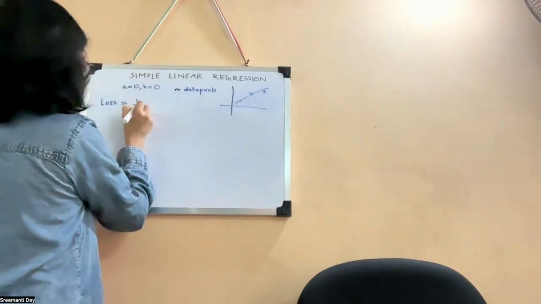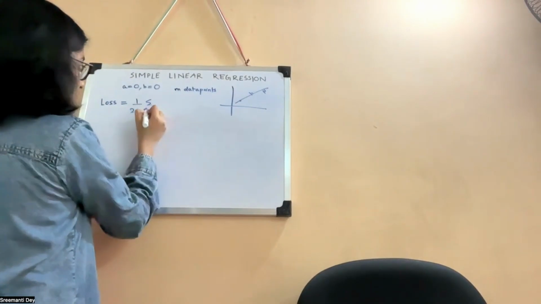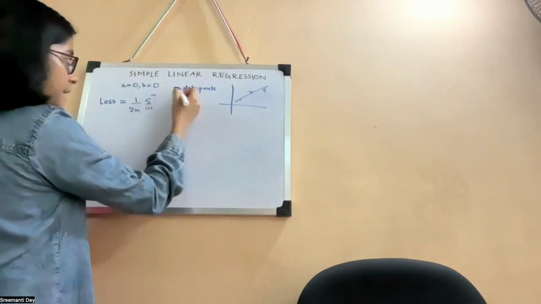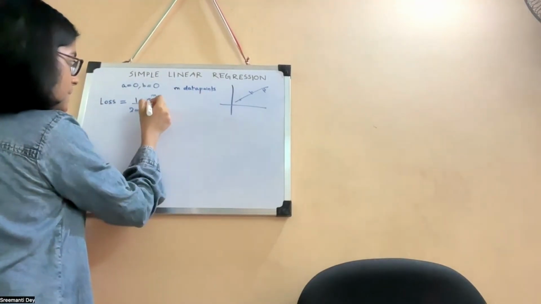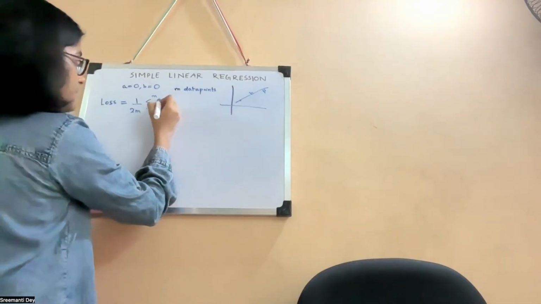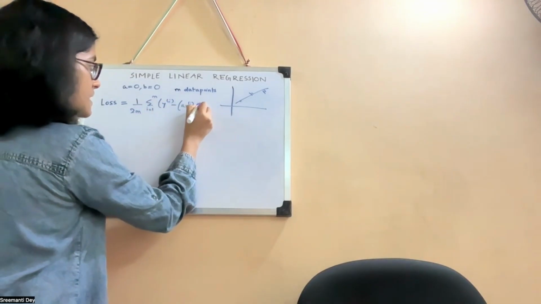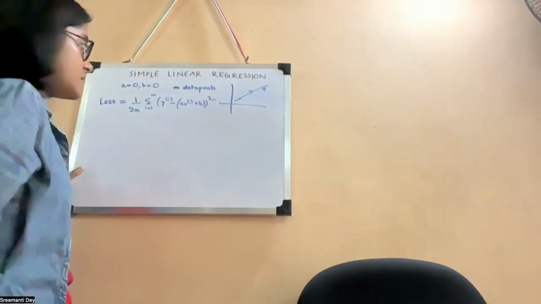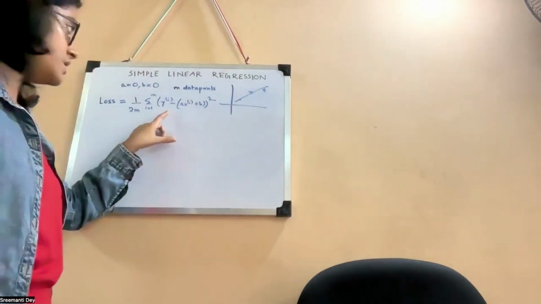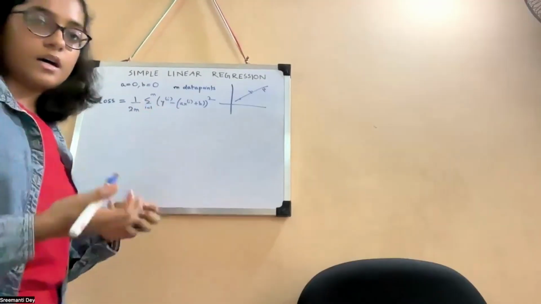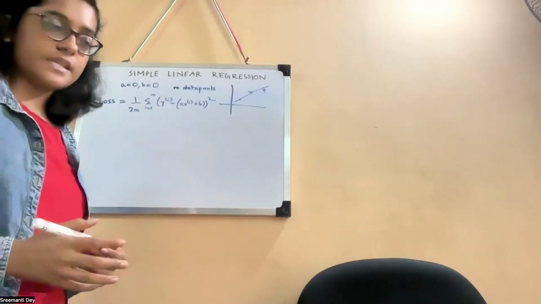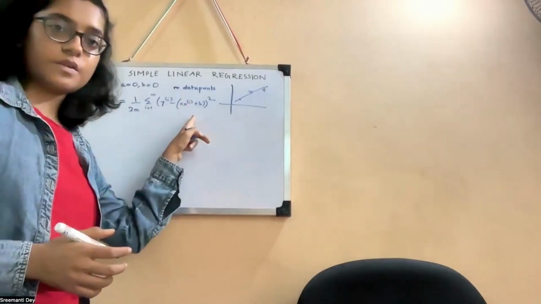Okay, so this is the loss function. m is the total number of data points, 1 by 2m, summation i equal 1 to m, (yi minus (a xi plus b)) squared. So this is the least squares loss function. This yi is the target value which we have in our data set, and this is the predicted y value.